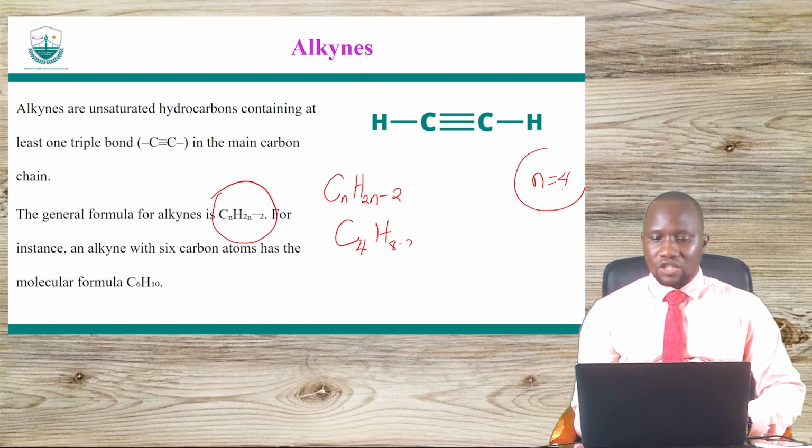To get that 8 minus 2, so you will basically have C4H6, right? Yeah, so let us see what comes out of this.